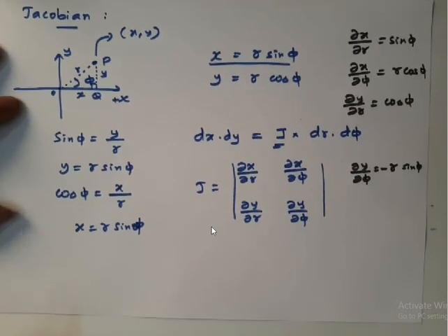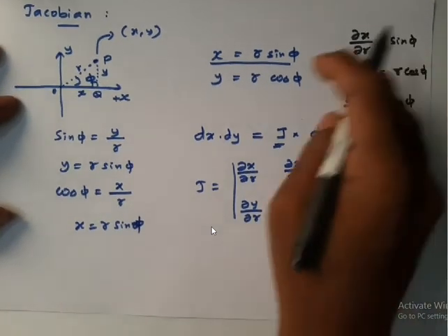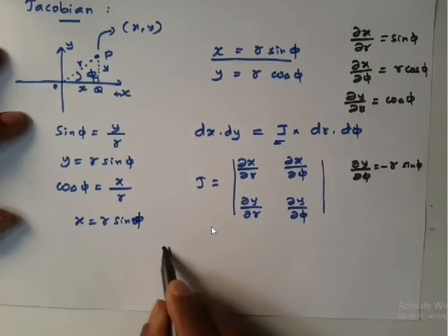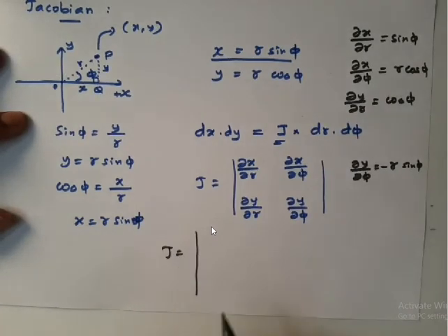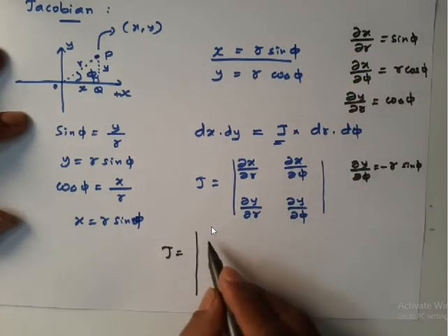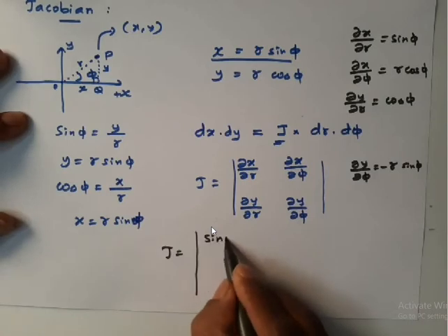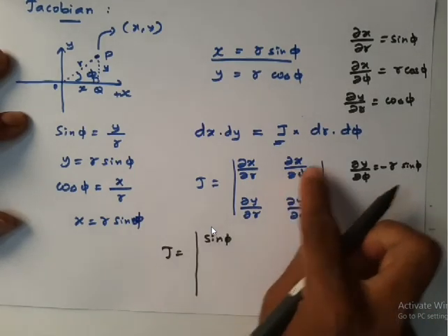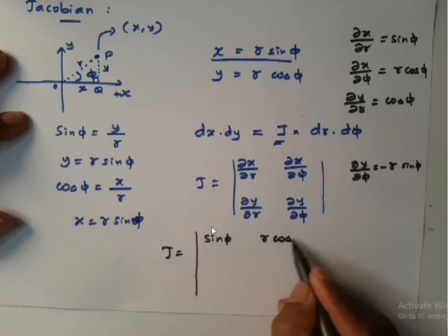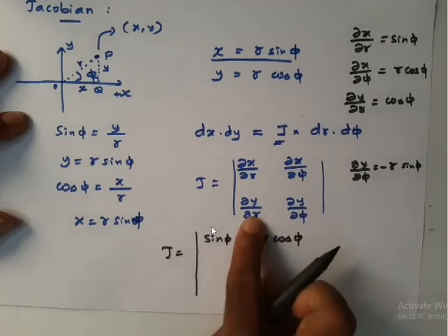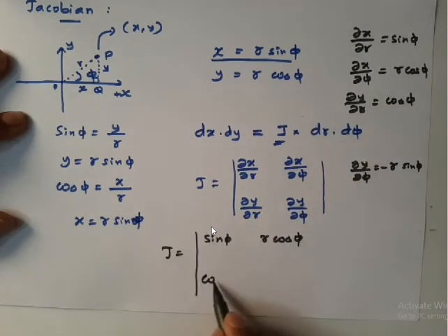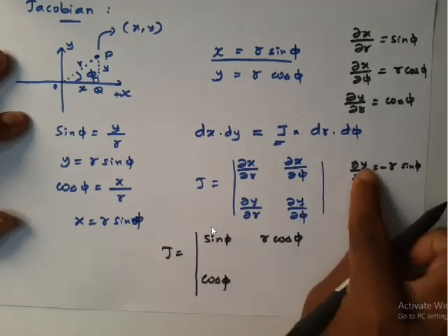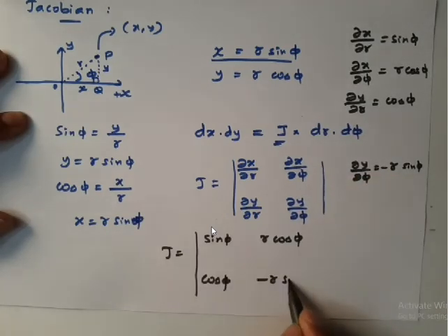Now I'll substitute all these values here. So J equals the determinant with dou x by dou r as sin phi, dou x by dou phi as r cos phi, dou y by dou r as cos phi, and dou y by dou phi as minus r sin phi.